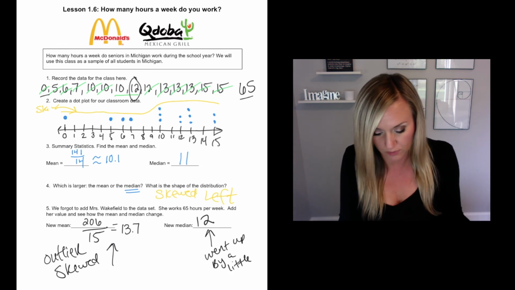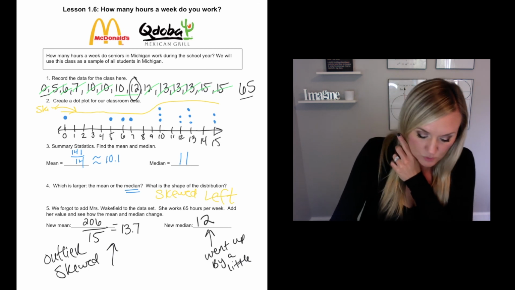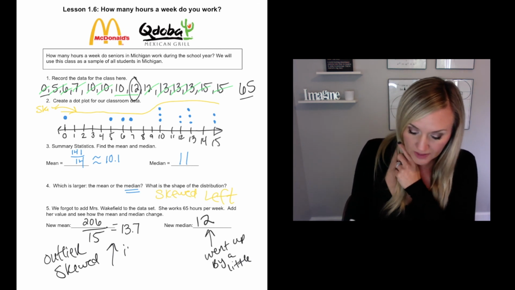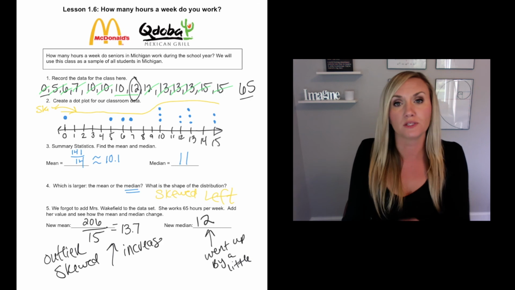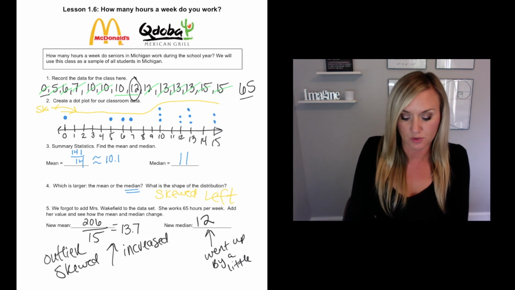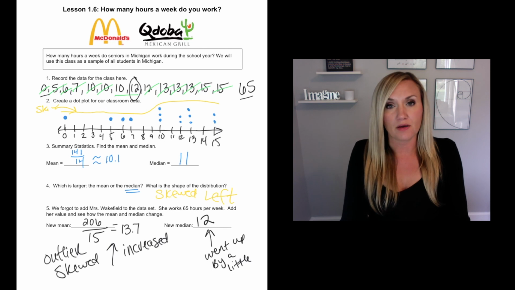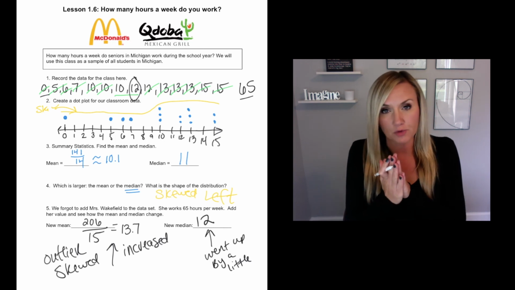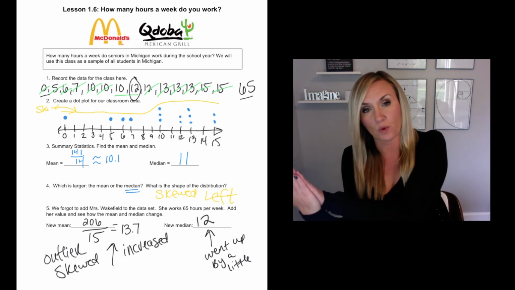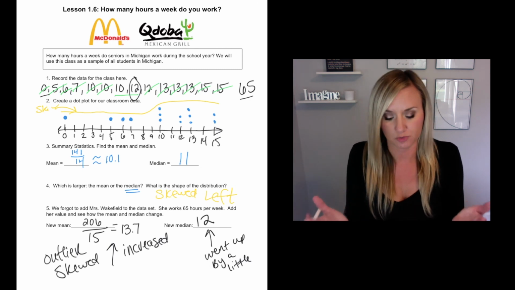So let's go back really quickly. This is what happened with our data. We want to use the median when our data is skewed or we have outliers because that is going to be more accurate. The mean shifts way too much in those particular situations.